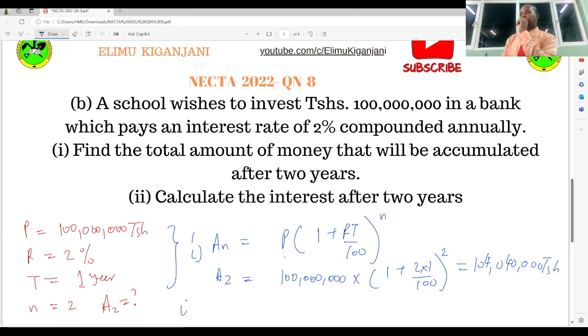Part 2, we are looking for the interest after 2 years. For interest, you take A2 minus the principal, and in this case we have 104 million and 40,000 shillings. You subtract 100 million.